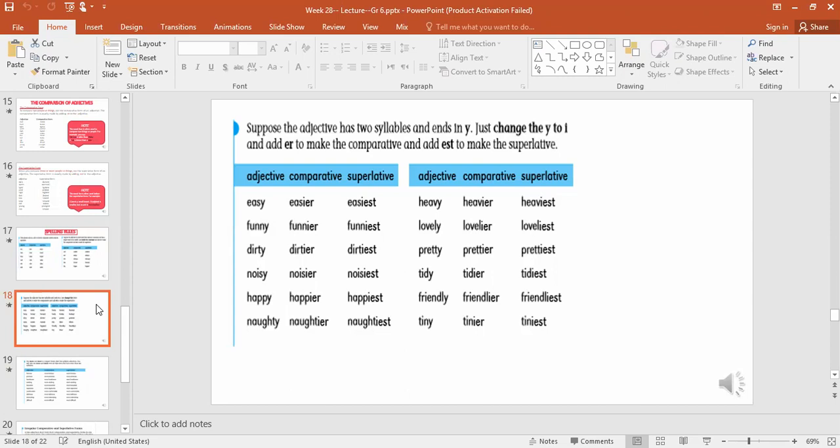As you can see in the example, funny: we dropped the Y, we added I, and then ER or EST. So this is how we change the adjectives that have two syllables and end with Y into the comparative and superlative form. Clear? Yes, clear.